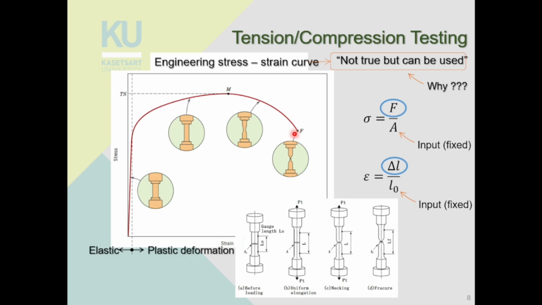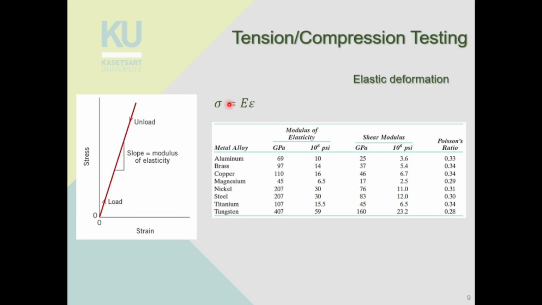Okay. So if we consider the elastic portion first, like I just mentioned, you might be familiar with Young's modulus. We use the symbol E here for Young's modulus, more generally known as the modulus of elasticity. If you look at the graph of stress and strain, you will see that the slope of the graph is actually the Young's modulus, or the modulus of elasticity, right?